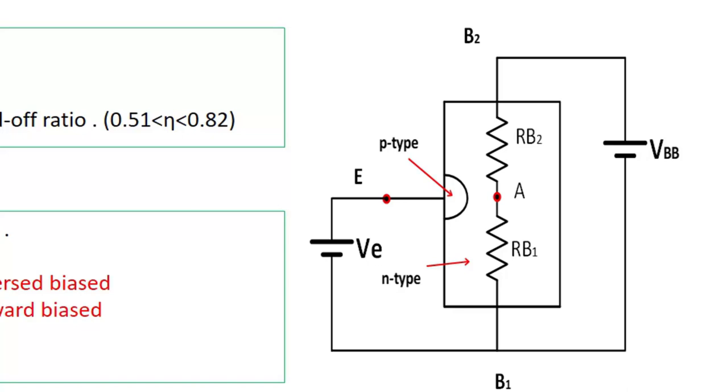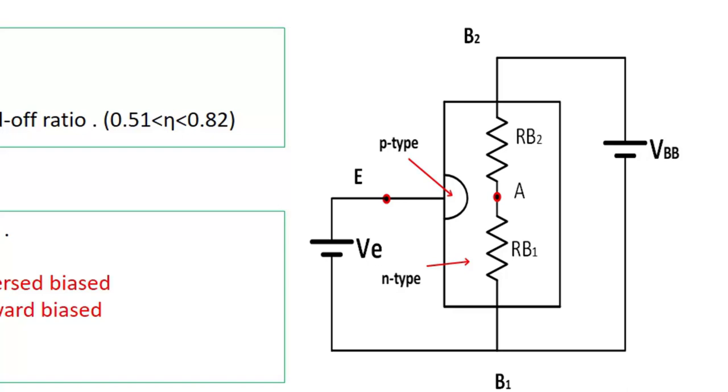Based on this emitter voltage, the PN junction will be forward biased. Once the junction is forward biased, the region RB1 will be flooded with majority carriers. These majority carriers will be attracted by VBB, electrons towards the positive plate and holes towards the negative plate, and the carriers start moving. So current will flow from B2 to B1.